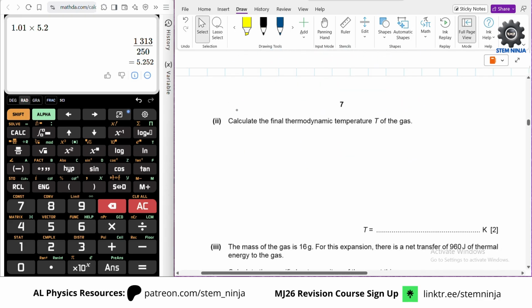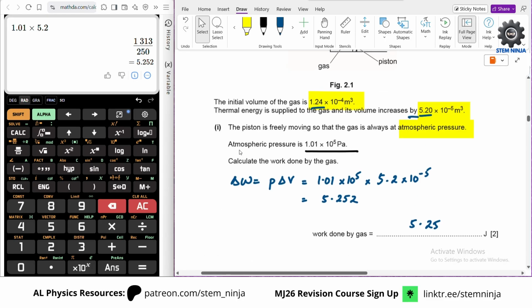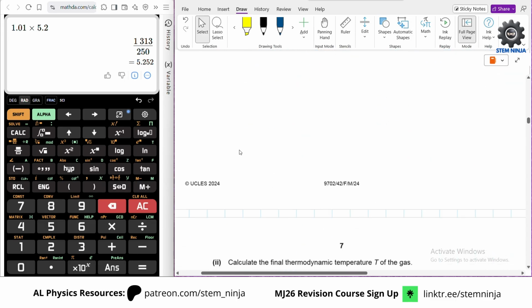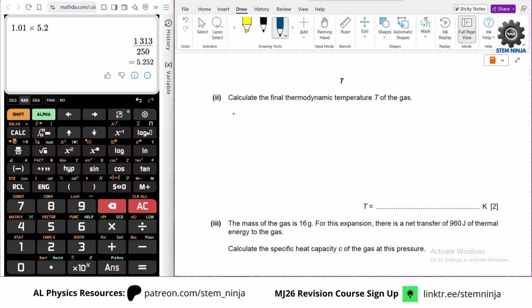Okay, calculate the final thermodynamic temperature of the gas. This is an ideal gas, right? So PV over T is going to be constant. So P1V1 over T1 equals P2V2 over T2. Pressure is the same, so basically T2 over T1 is equal to V2 over V1.